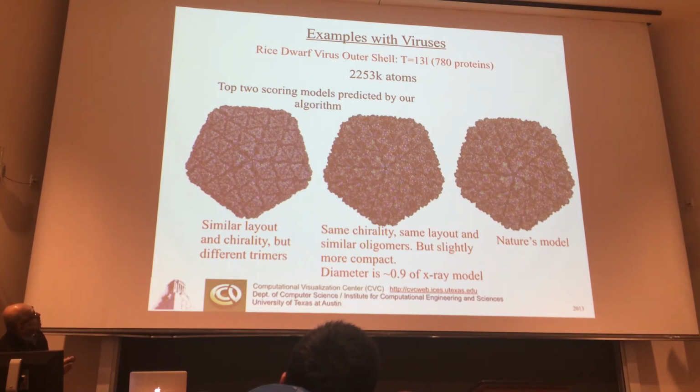So in the Rice dwarf case, which was 22,000 atoms, our top two scoring models showed this one had the same chirality and the same layout and similar oligomers to nature's Rice dwarf virus capsid, and this was given from an X-ray model. But the diameter that we predicted was about 0.9 less than the X-ray model, showing that our affinity functions are really not capturing everything, and neither is our flexibility.